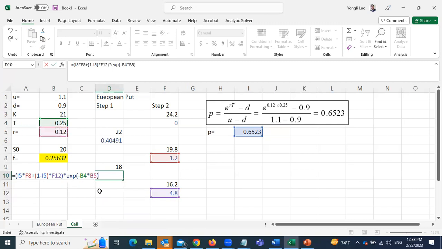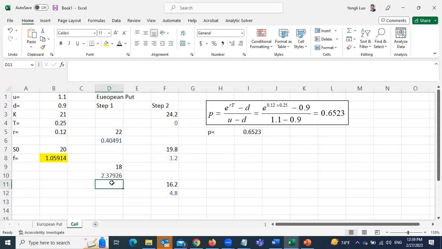Okay, so basically that is the formula for when the price is 18. Okay, now you click on enter. Okay, the result is 2.37.